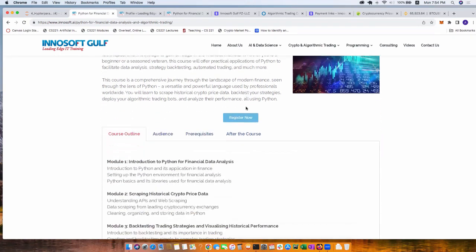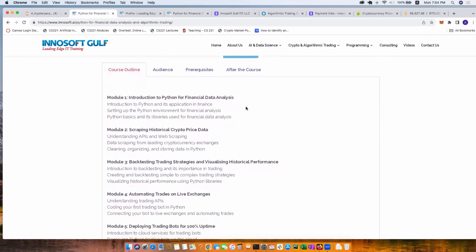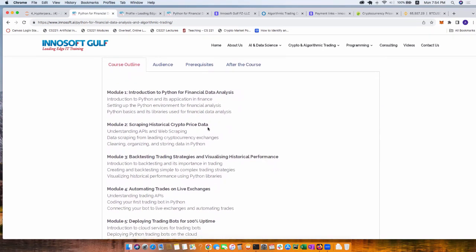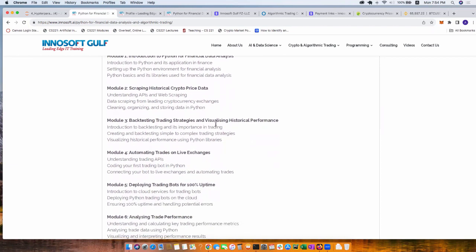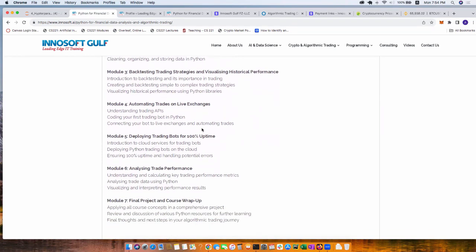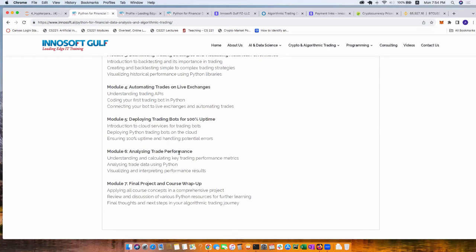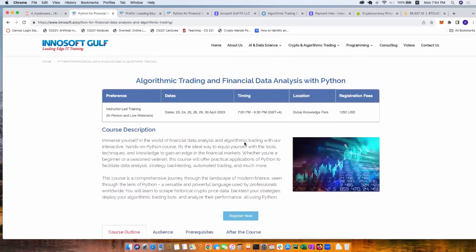It will teach you how to build an automated trading system from A to Z, starting with what we did: collecting historical data, analyzing it, building a trading strategy, backtesting it, automating your trades with a live exchange, creating your trading bot, deploying it on the cloud, and then analyzing the performance of your bot. This has been one of the top programs that we have.